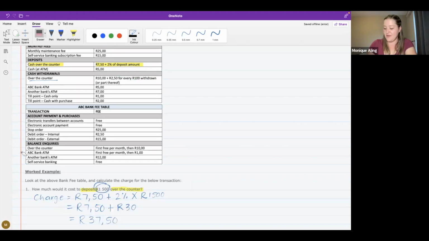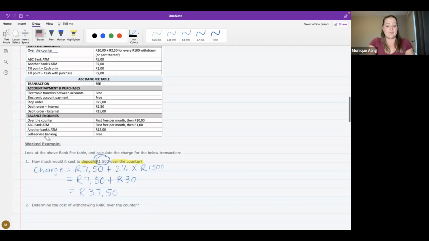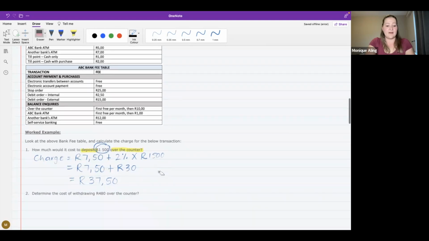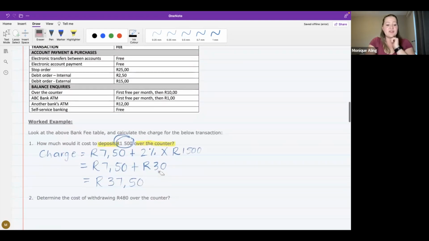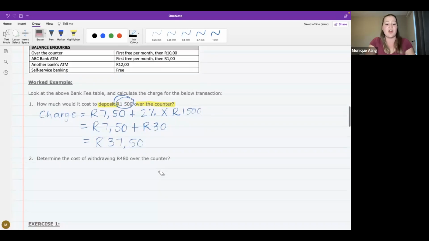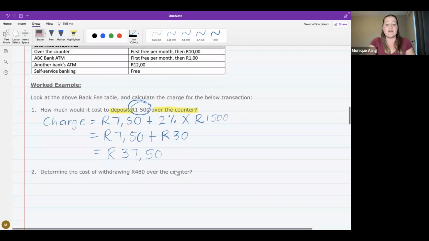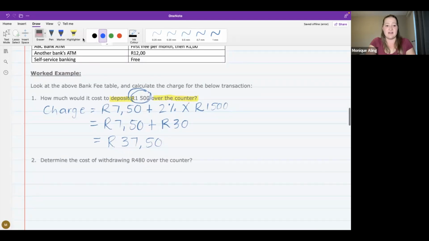Okay, let's try another one together quickly. Question 2 says, determine the cost of withdrawing 480 Rand over the counter. Okay, so the first thing we take note of is that it's a withdrawal.